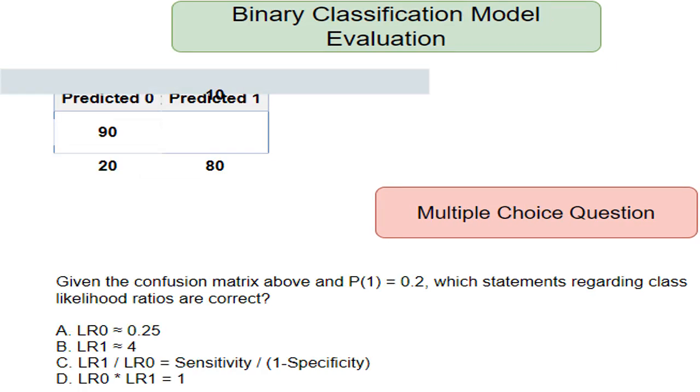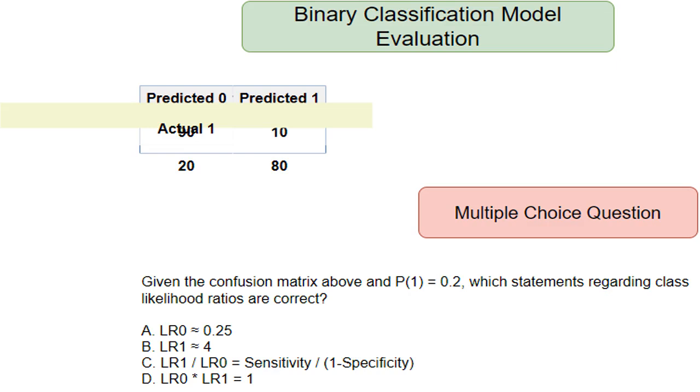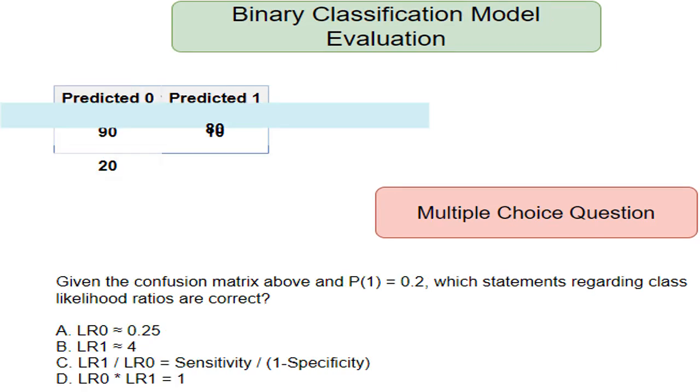This is the number of actual class 0 instances that the model incorrectly classified as class 1, false positives. This row shows the actual class 1 instances. This is the number of actual class 1 instances that the model incorrectly classified as class 0, false negatives. This is the number of actual class 1 instances that the model correctly classified as class 1, true positives.